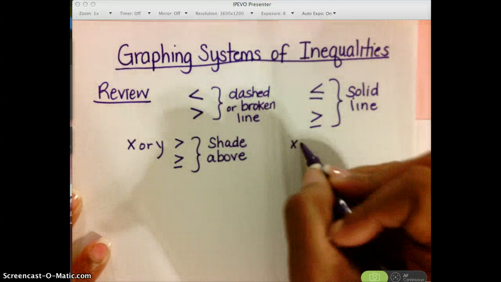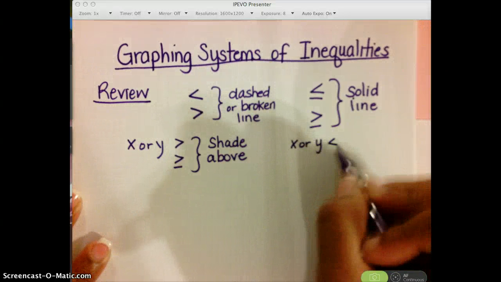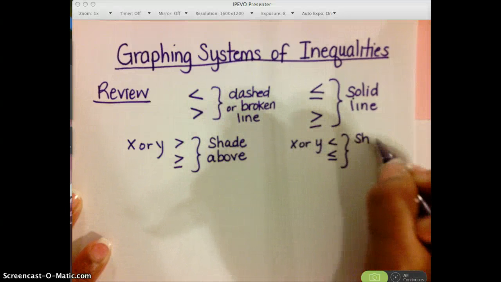Okay, if we have x or y is less than or equal to, then we shade below.